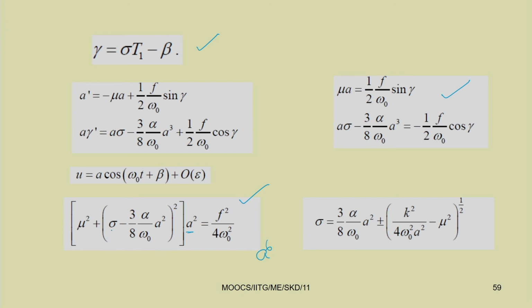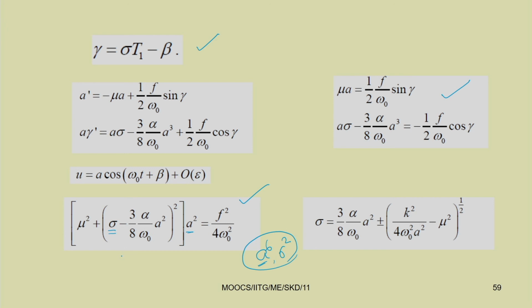And the same expression is in the form of a quadratic in sigma. So, this expression is quadratic in sigma, but 6th power in terms of displacement A. So, we can write down this quadratic equation, and we know the solution of a quadratic equation.